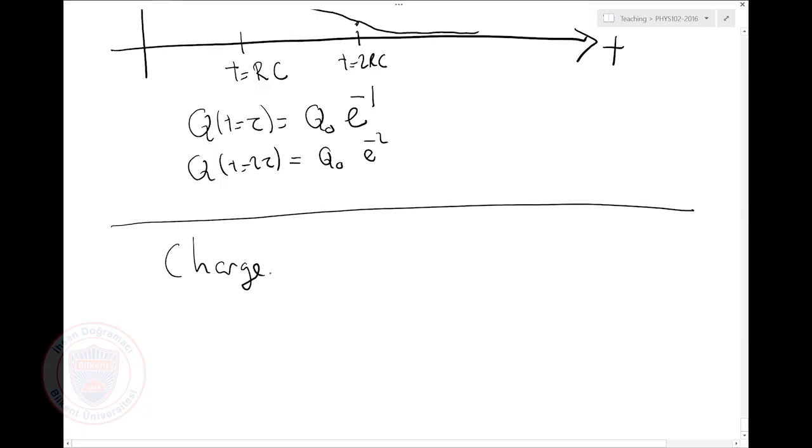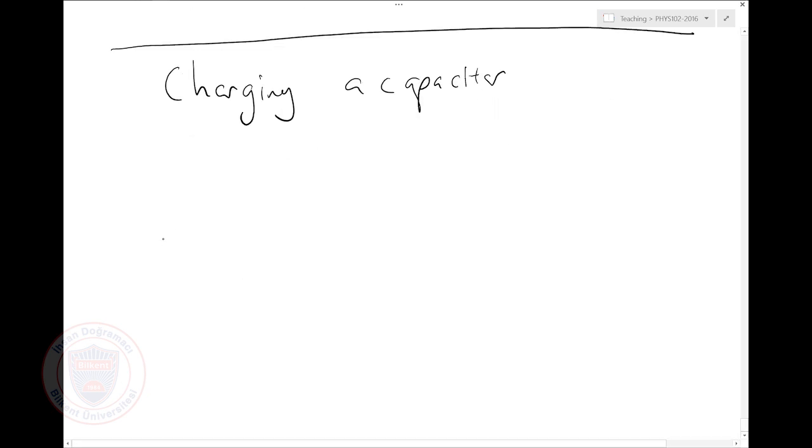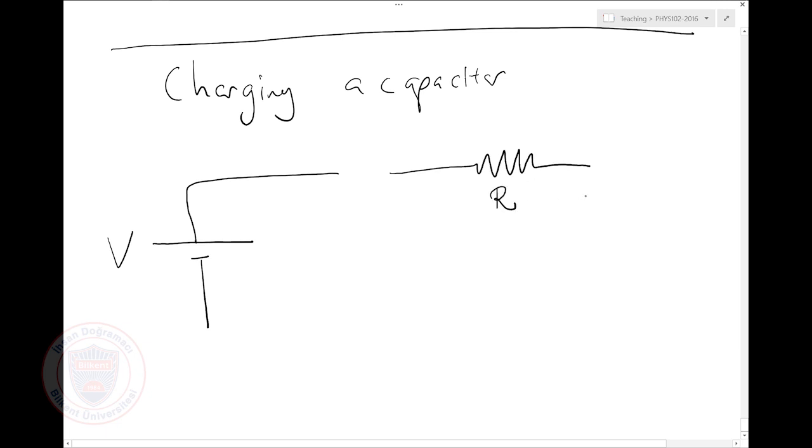Let me solve one more example. Let's do charging a capacitor. So let's do the reverse. Now, if I have a battery of V volts, and I'm actually going to do the following.